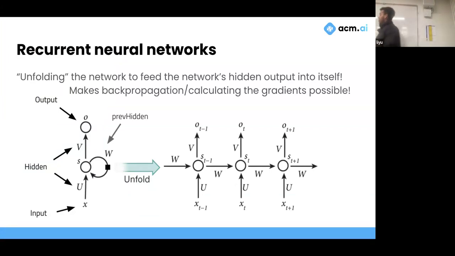The way recurrent neural networks work is that they take an input and output an output, and then one of the hidden layer values is used as the input of the next time step. So in this case, you have an input X, and then you have an output, but the previous hidden value is input again into the next time step.